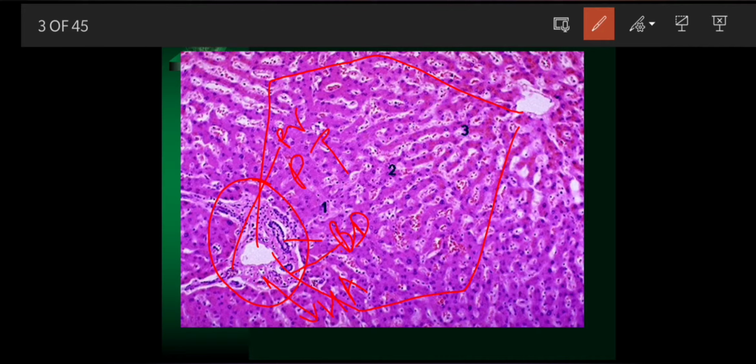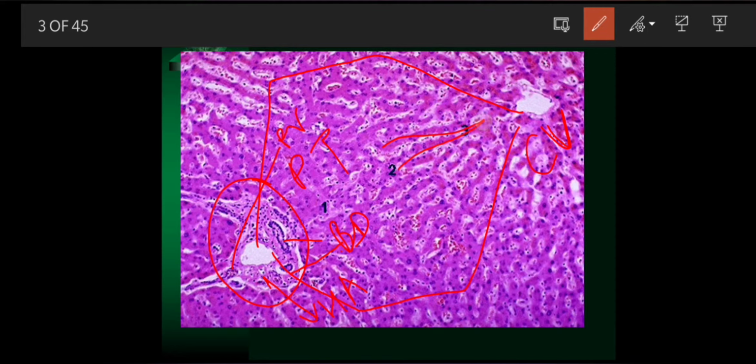So this forms a portal triad, and the central tributary from the hepatic vein is called the central vein. So each lobule has a central tributary from the hepatic vein, and at the periphery there are 4 to 5 portal tracts or triads. Now there are cords of hepatocytes.